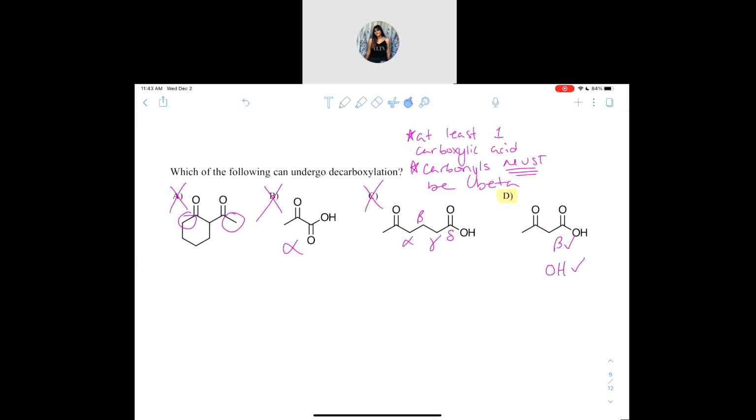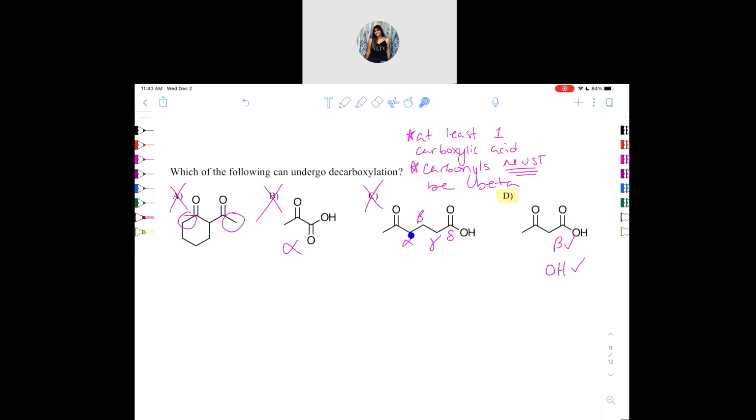And so for C, someone asked how we went from alpha, beta, gamma, delta. So this is going to be named pretty much the same way that it is for lactones. The order goes alpha, beta, gamma, delta. We start here at the carbonyl.